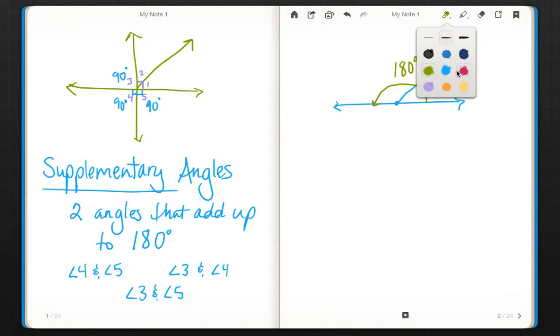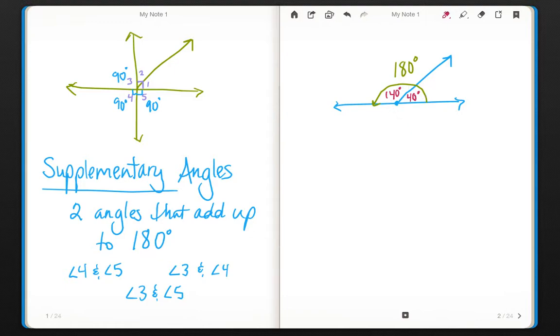So if I were to tell you that this little angle right here, the small one, is 40 degrees, how could you find out what this angle is? Well, you know that together they're supplementary. They make 180. So what's left is 140. You just subtract 180 minus 40, and you can find that.